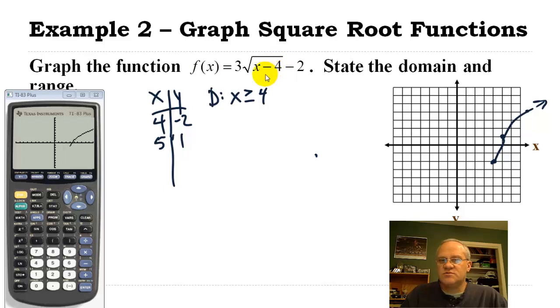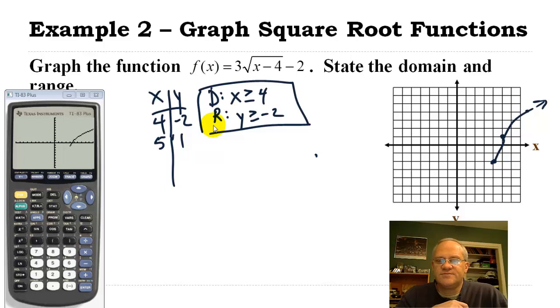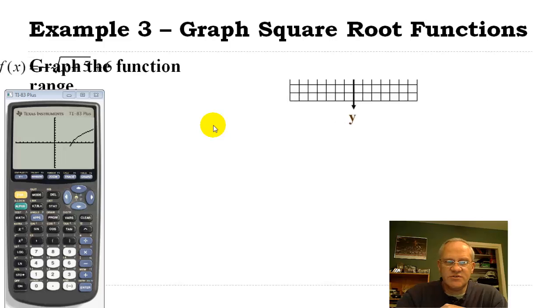Remember this one, the opposite of that one? And your range, y would be greater than or equal to, again, it's from here, so what's that? That's negative 2, which is the same as this negative 2 here. So that's why I say on the calculator, it's kind of easy to find these. So domain x is greater than or equal to 4, range y is greater than or equal to negative 2. Not too bad, right? All right, let's look at the next one.